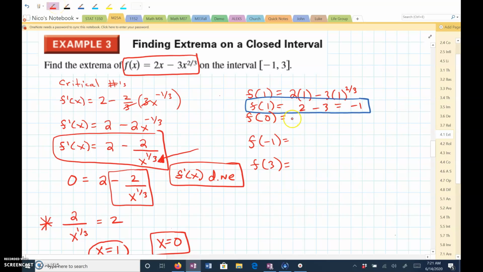Okay, then I've got f of 0. This would be 2 times 0 minus 3 times 0 to the 2/3 power. This would be 0.